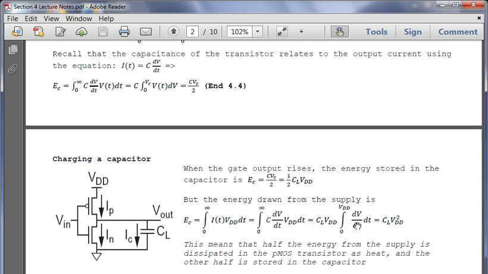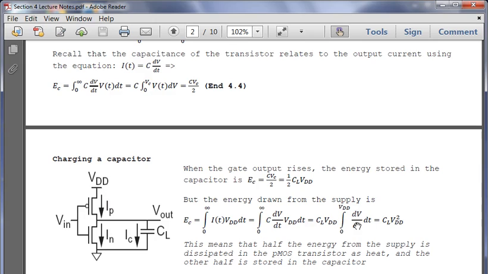V_DD is also a constant. So that comes out, and then the integral from 0 to V_DD of dV becomes V_DD squared. Since this happens to be twice of that, this means that half of the energy from the supply is dissipated in the PMOS transistor as heat, and the other half is stored in the capacitor.